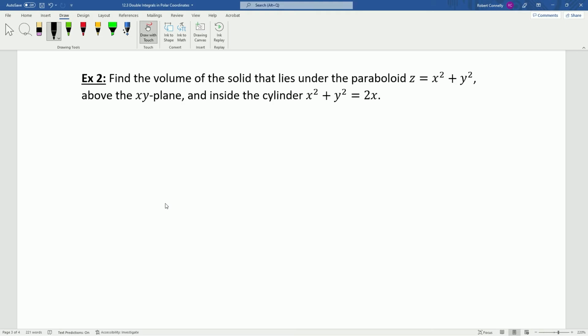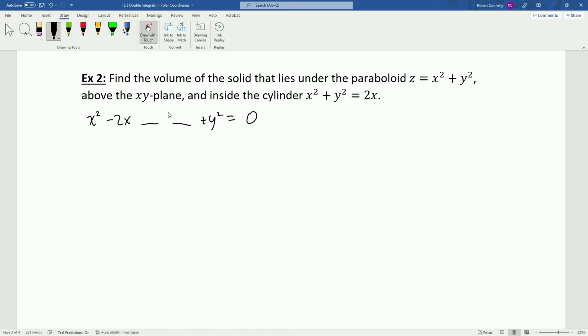Okay, so the first thing we need to do is figure out what this cylinder is describing precisely, because we have an equation for it, but it's not quite in a form that's easy to interpret here. So I see that if I rearrange this and have x squared minus 2x, I'll leave 2 blanks here, plus y squared equals 0.